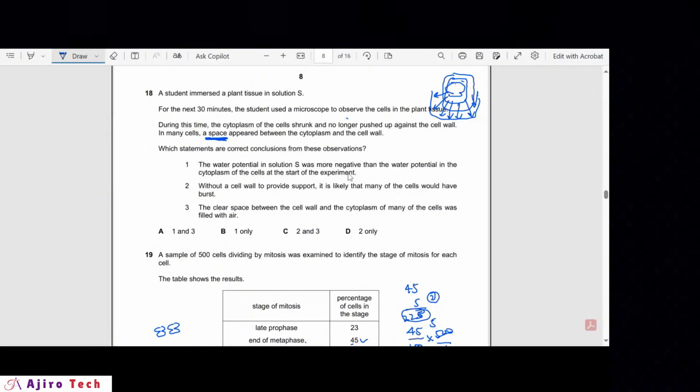That is, if the water potential of the solution was actually less negative. But in this case, it is not. This is not correct. The clear space between the cell wall and the cytoplasm of many of the cells was filled with air. We're told that it is a clear space from the question, a space. So that also crosses it out and makes the answer to the question option B. Now, number 19.